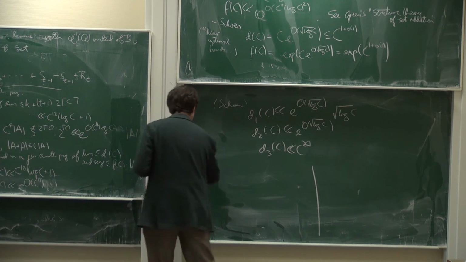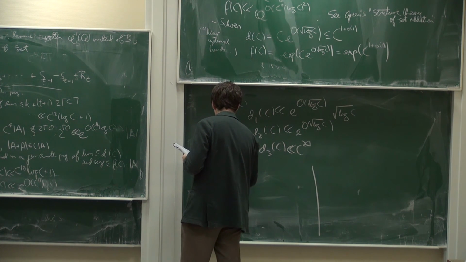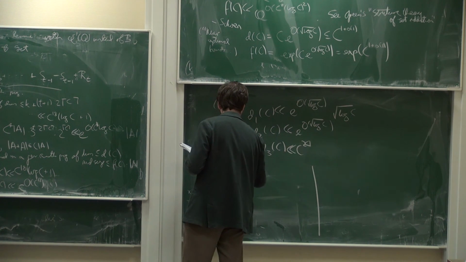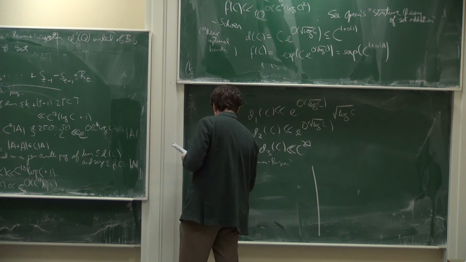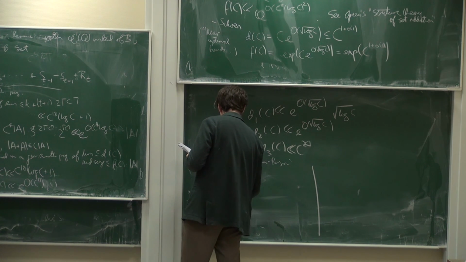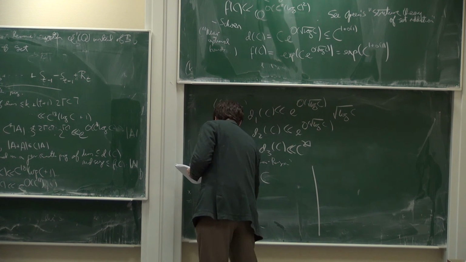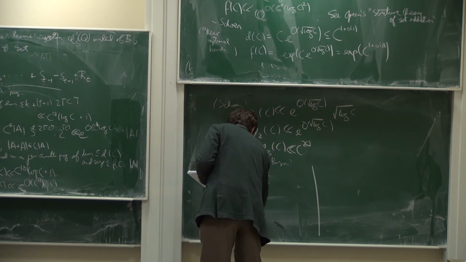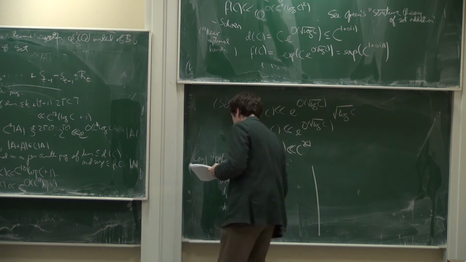So the conjecture, which goes by the name of the polynomial Freiman-Ruzsa conjecture, says that d1 of c should be a constant times log c, d2 of c should be a constant times log c, d3 of c should be a power of c.